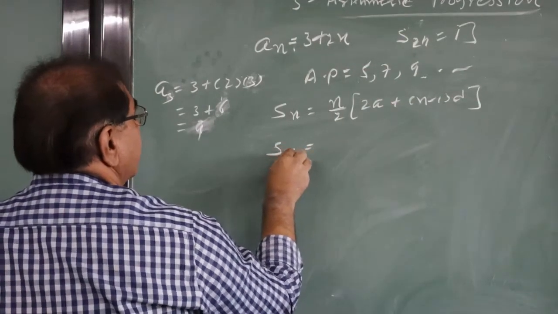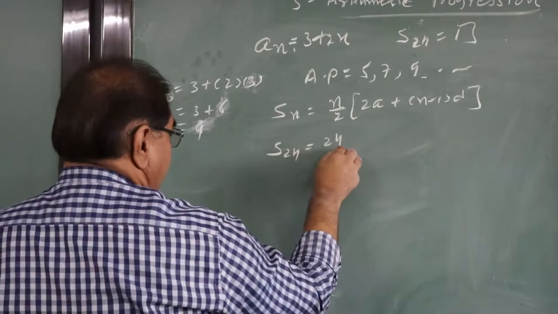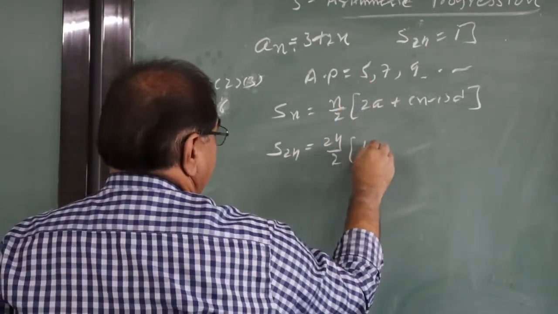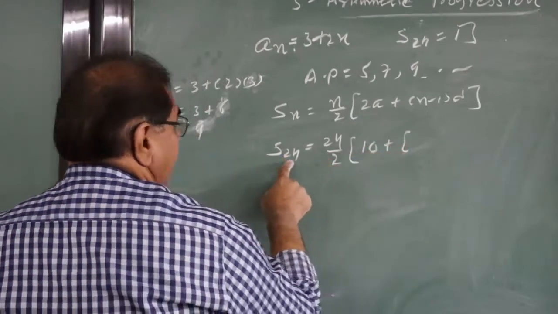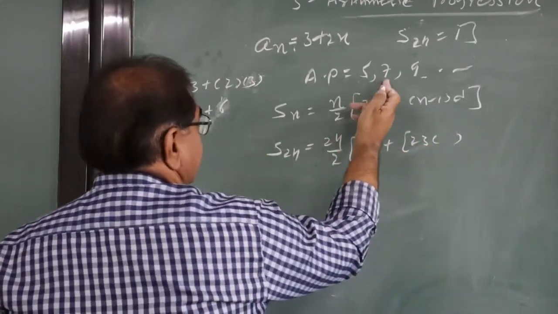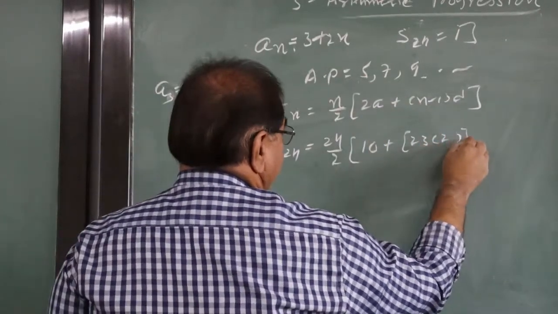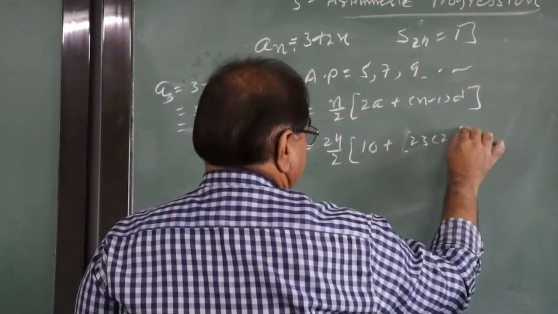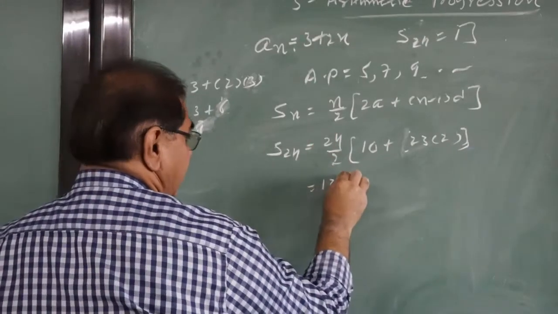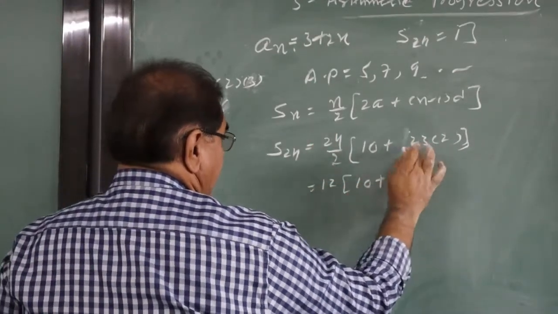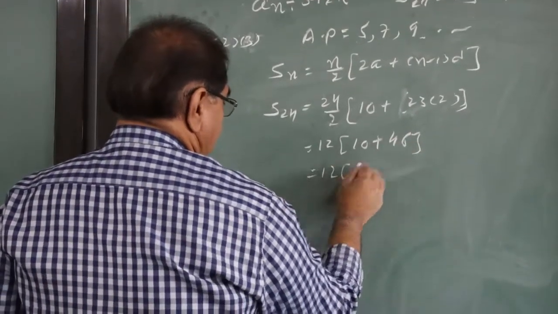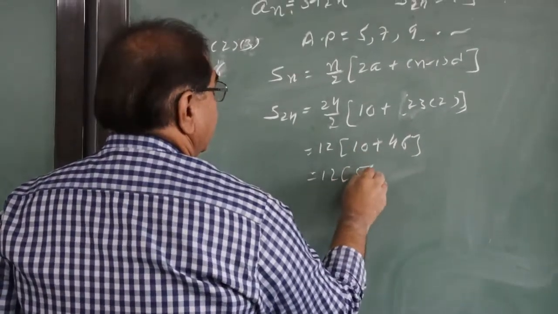So S24 is equal to 24 upon 2 into (2 times a, 2 times 5 is 10, plus 24 minus 1, that is 23, into the difference, 7 minus 5, which is 2). So 24 upon 2 is 12, and 10 plus 23 times 2, which is 46, gives 56.